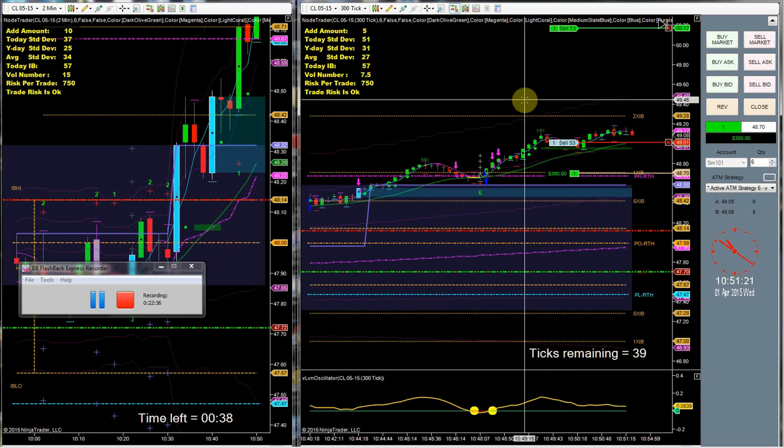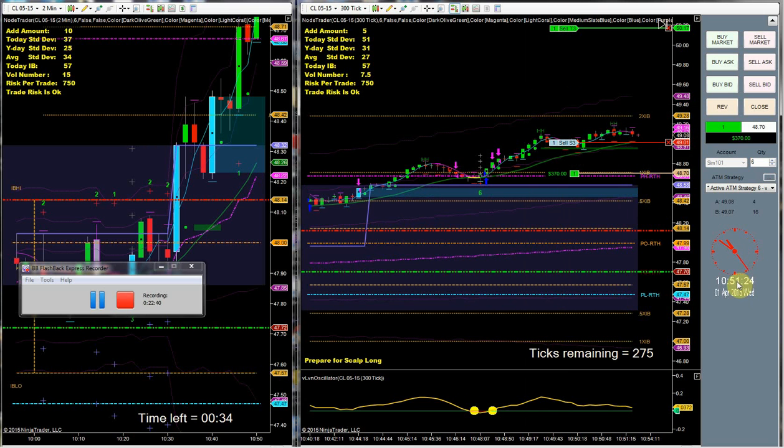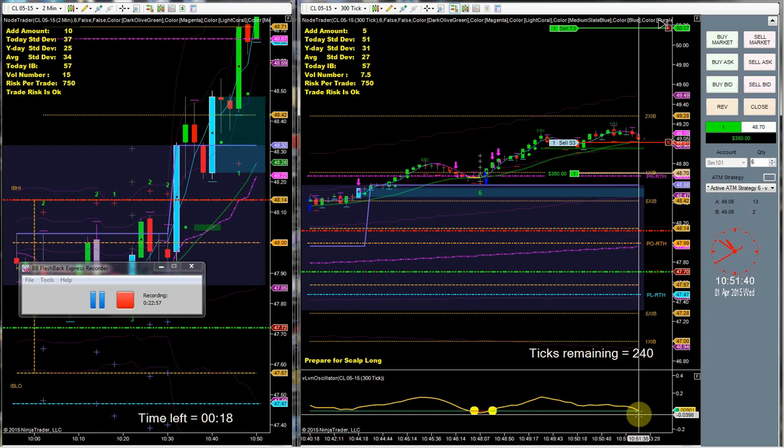We're getting close to 11 o'clock now, so I'm thinking I'm going to go ahead and stop once we get ticked out of this trade. Looks like we're about to cross over here, so we should be getting taken out pretty soon. Stop filled.